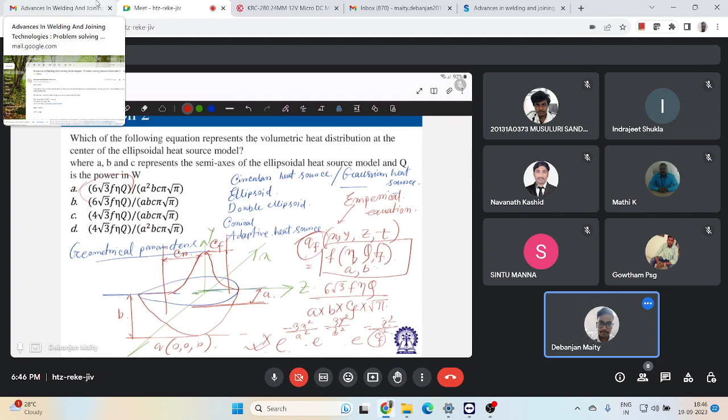Anyone? What will happen at q at 0, 0, 0 if this q x y z is 6 root 3 f eta q by, I have already given it, you just put x, y, z values as 0 and then tell me the answer.